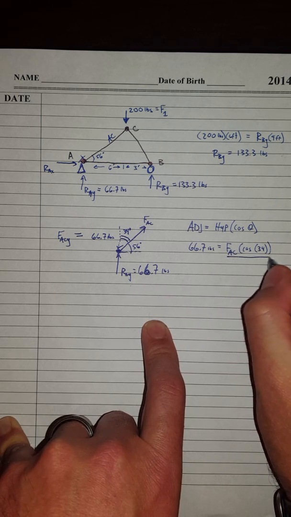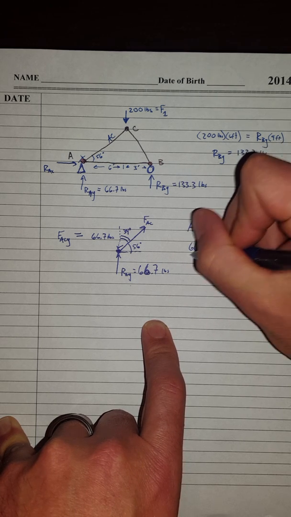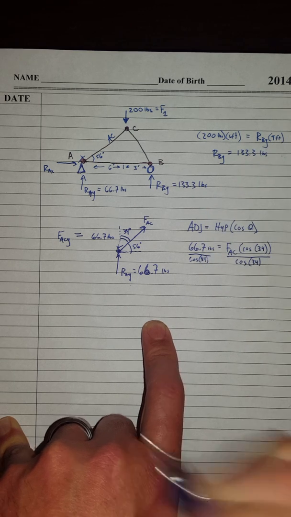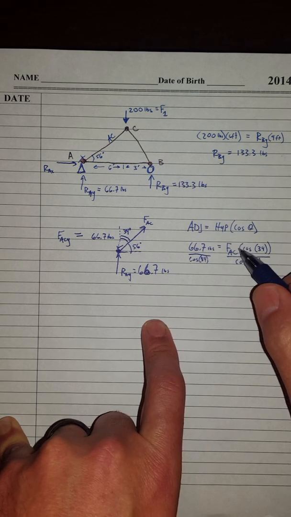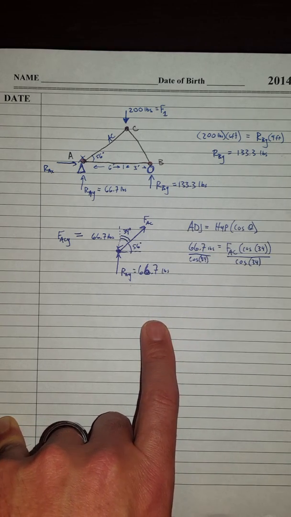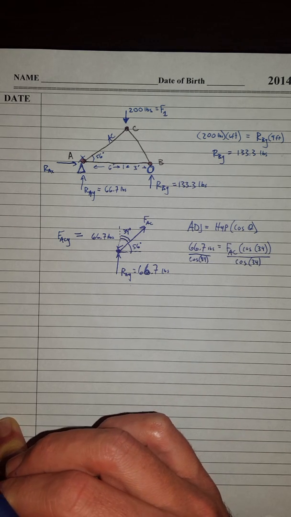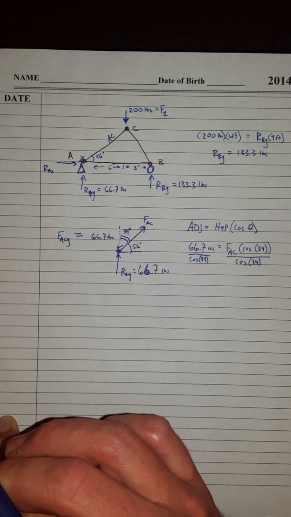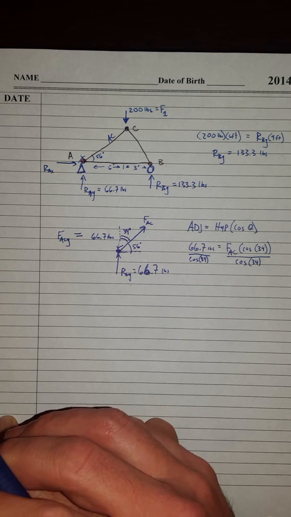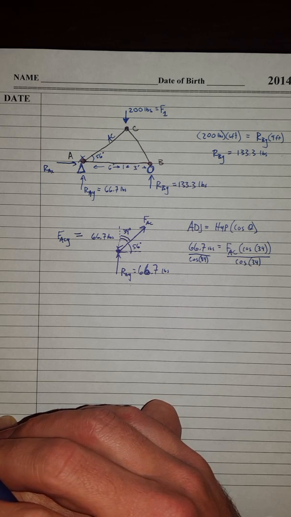So if we divide this side by cosine of 34 degrees, and we divide this side by cosine of 34 degrees, we can now find that this AC force, the internal force here, is going to be 66.7 divided by cosine of 34. I can't solve that because I'm filming this with my phone and my other calculator is at school, but that should give you a boost anyway. We'll talk more tomorrow.